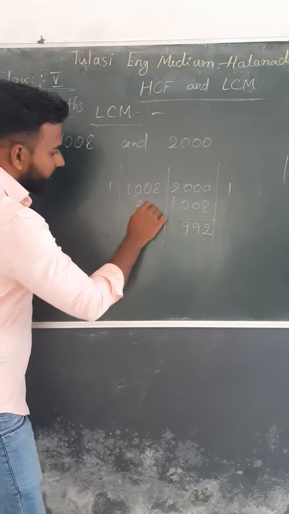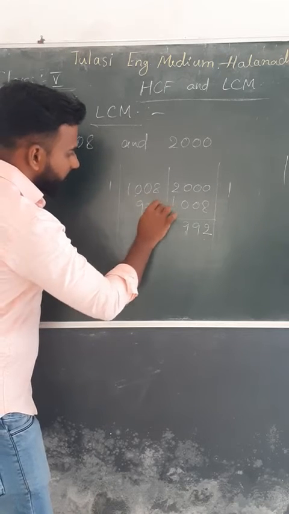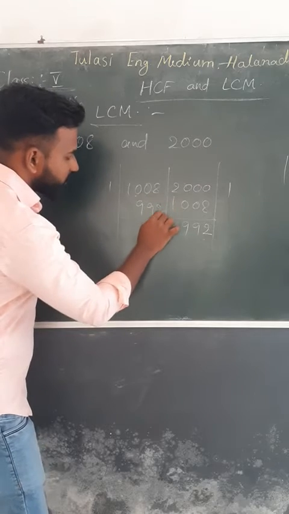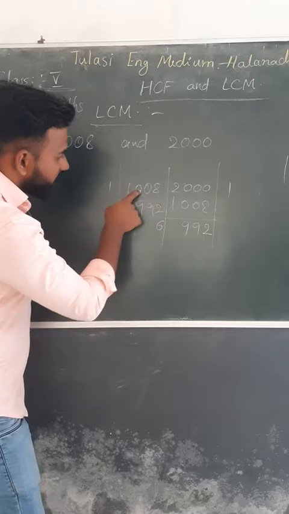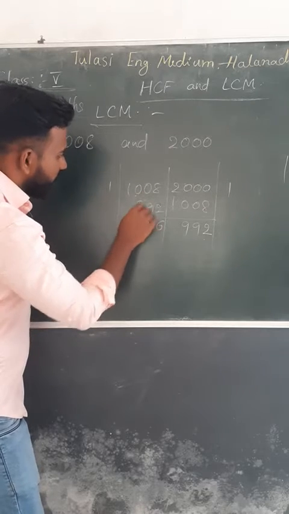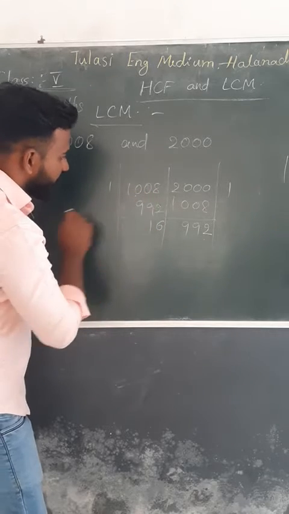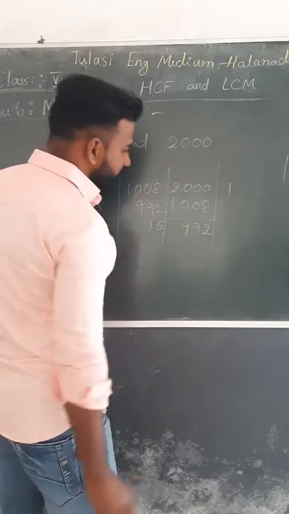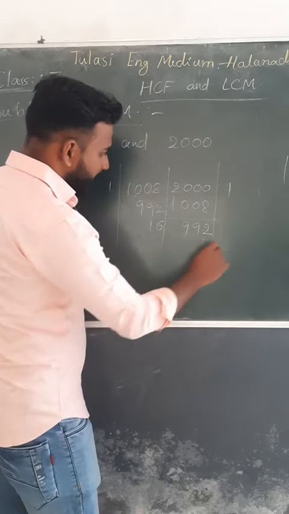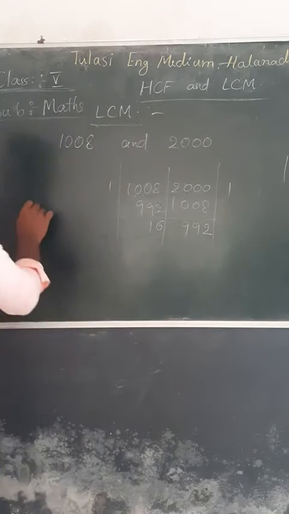So 992: 8 minus 2 is 6, 0 minus 9, 10 minus 9 is 1, it is 9, 9 minus 9 is 0, 16. 16 in 992, just once.